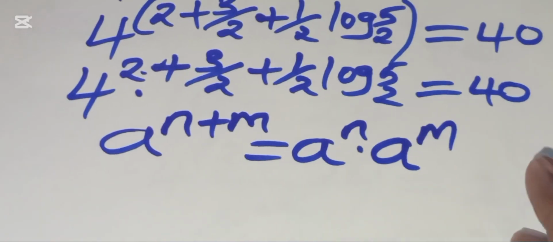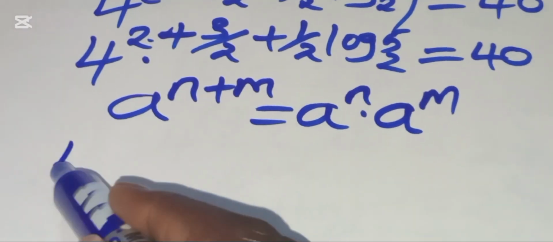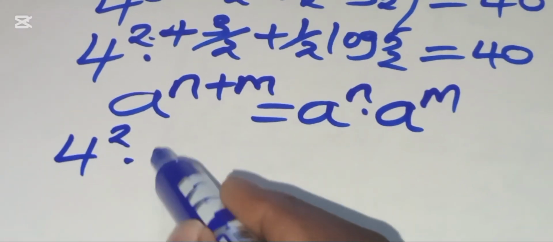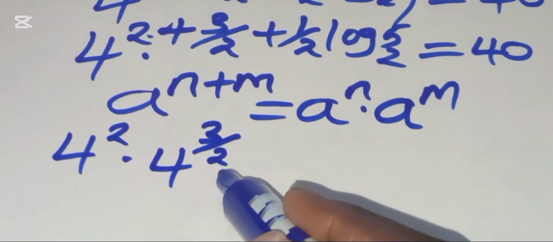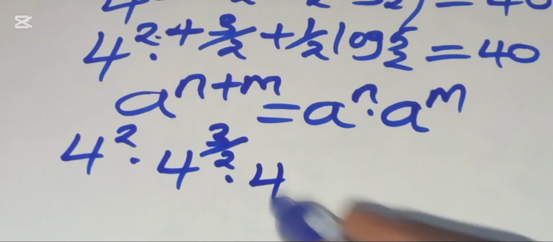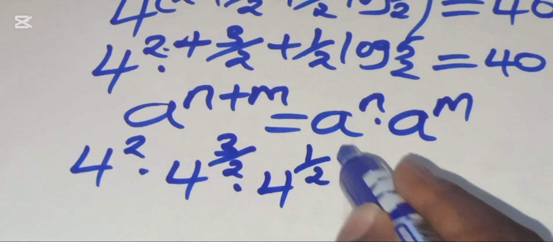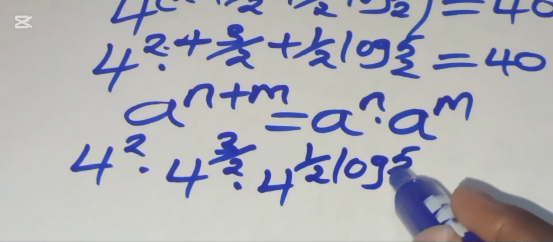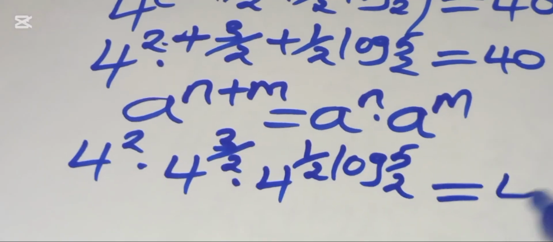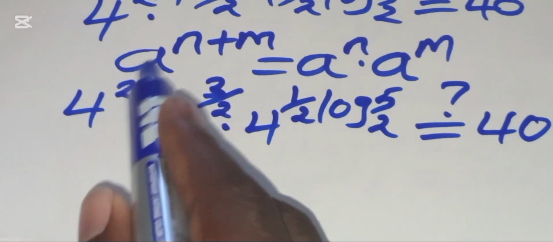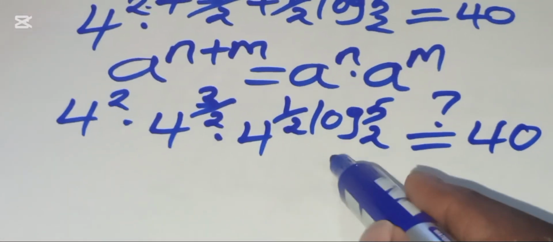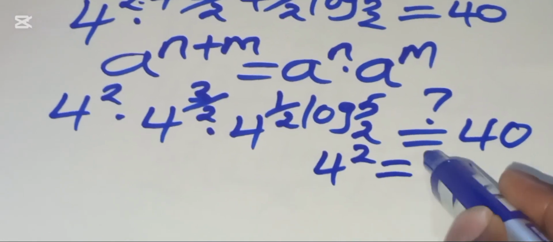Now let's apply this indices identity so that we'll have 4 to power 2 multiplied by 4 to power 3 over 2, multiplied by 4 to power a half log 5 to base 2. This should give us a value of 40. Let's check that. 4 to power 2 is the same thing as 16.